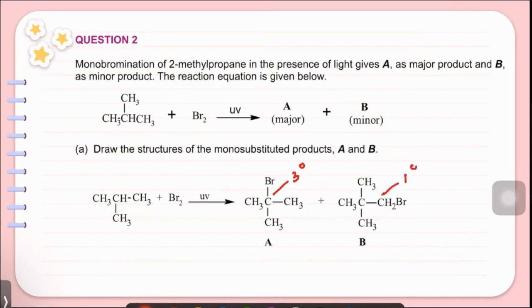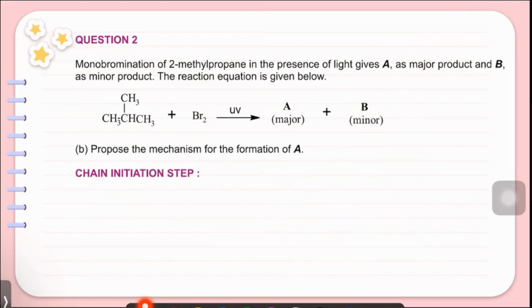Okay, so tertiary carbon ataupun tertiary free radical is more stable than primary free radical. So that's why A major product is like this and then B minor product is like this. Okay.